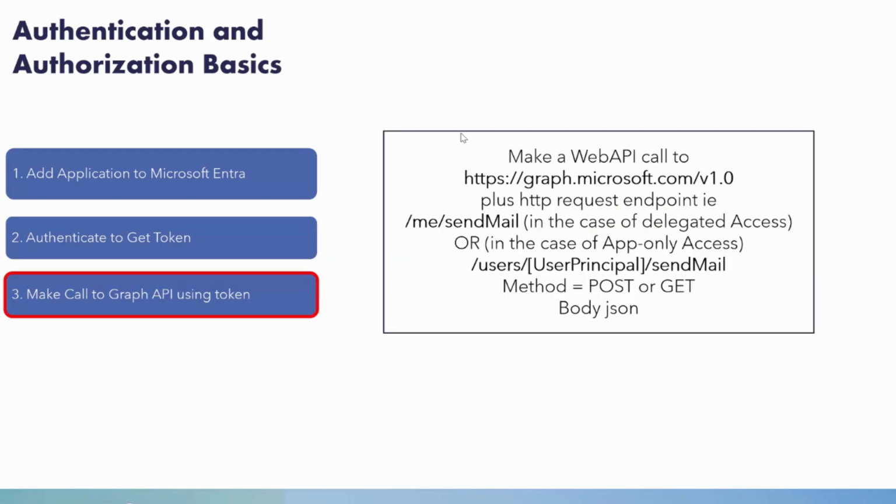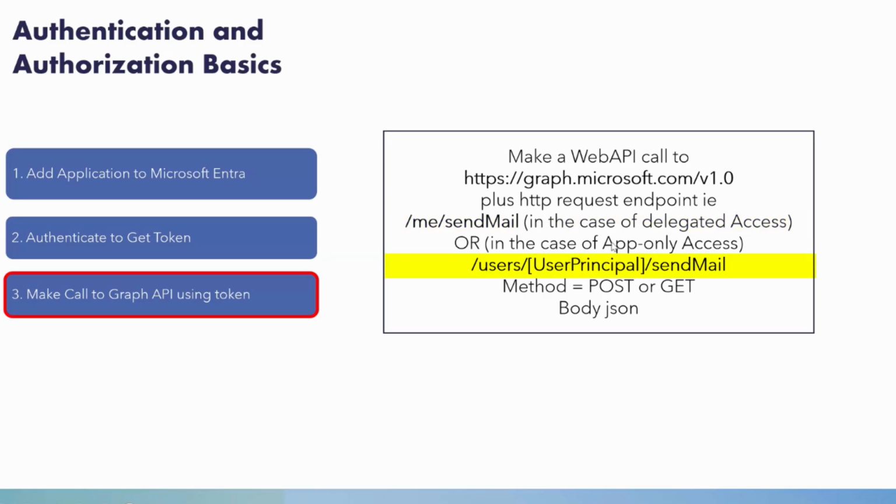And then the difference between the two types of authentication also makes a difference ultimately as to what the web API calls look like. They all use graph.microsoft.com/v1.0 plus the actual HTTP request endpoint like sendMail here, but there's a preface to it that in the user-based, it uses me, which means the authenticated user.